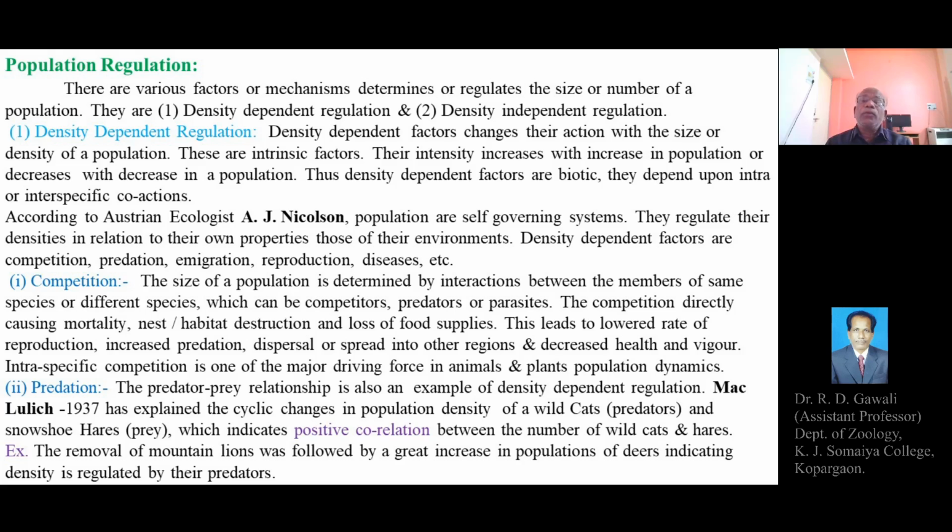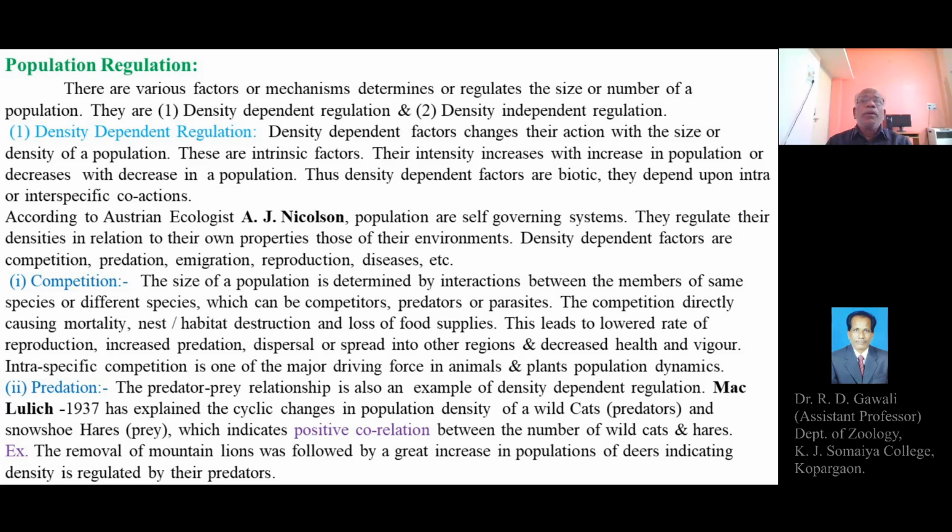Mainly, there are two types of factors, abiotic factors and biotic factors, which are solely responsible for population dynamics or population regulation.